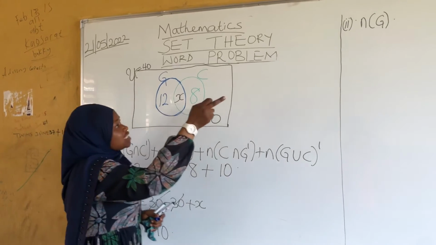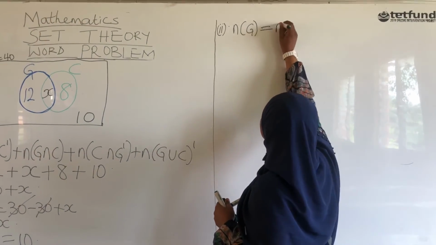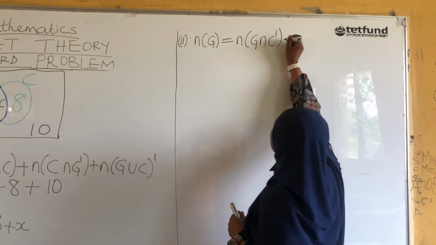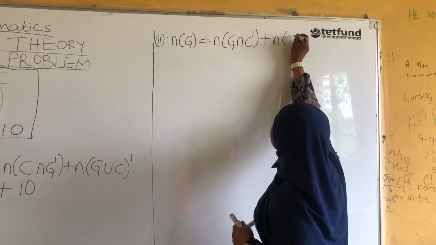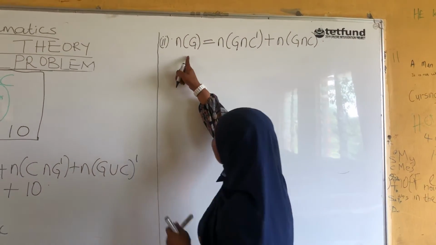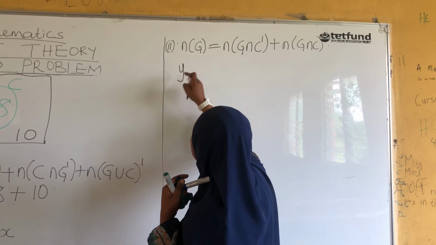So the coordinate of Ghana will be equal to the coordinate of Ghana but not Cameroon, plus the coordinate of Ghana intersects Cameroon.